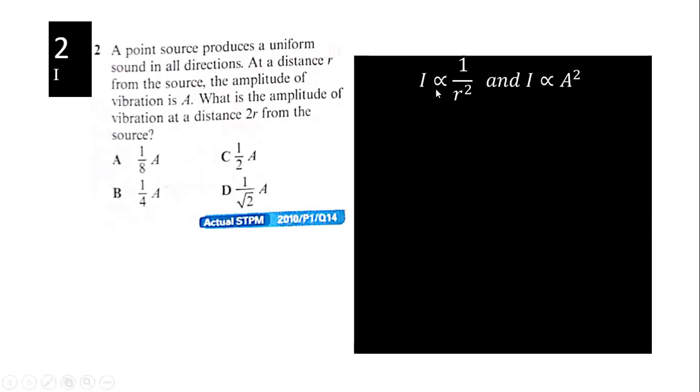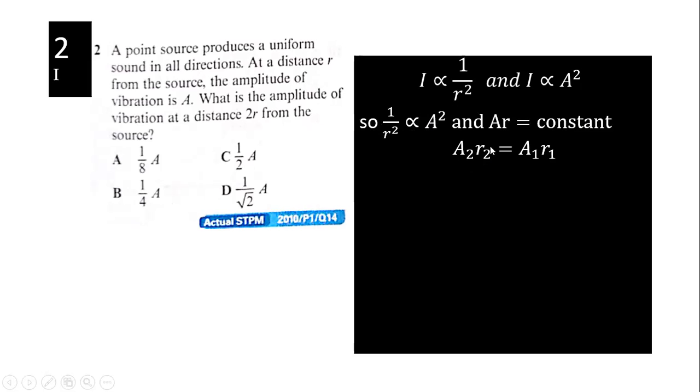Right, important: I is inversely proportional to r squared, and I is proportional to amplitude squared. So we can combine the two. If you can remember the formula, go ahead. If you cannot, work it out. Take the r squared across and square root it. A times r is constant. That's the new one, that's the old one.